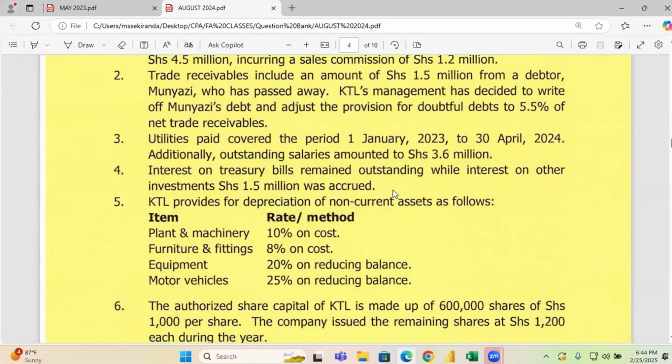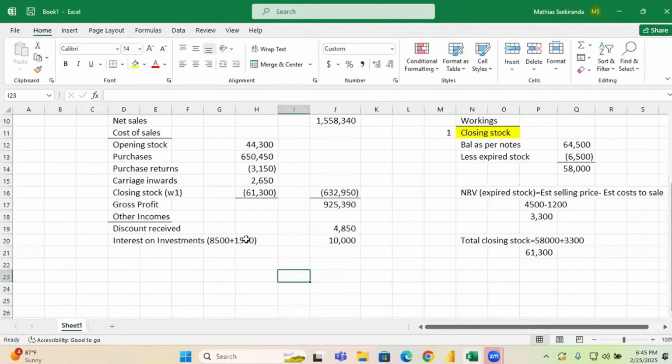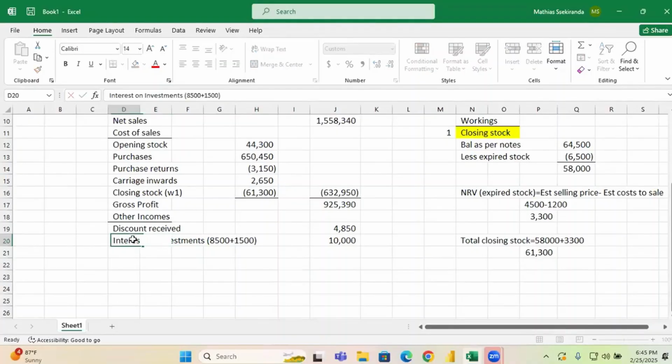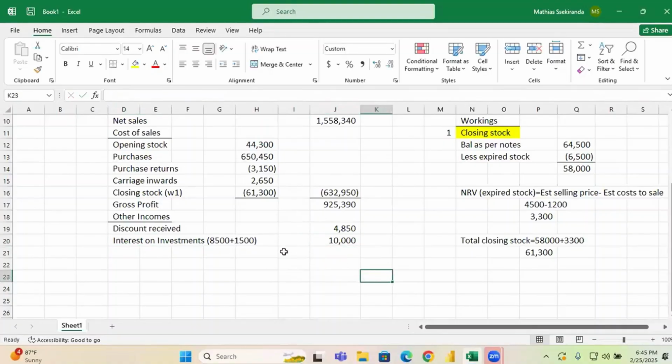So in that case, you debit the asset because anytime you are hoping to receive your cash, so debit interest receivable on investments, then you credit interest on investments as an income. So what we are doing, we are recognizing an income of 1.5, though we have not yet received the cash, but we have already earned it. Are we together?